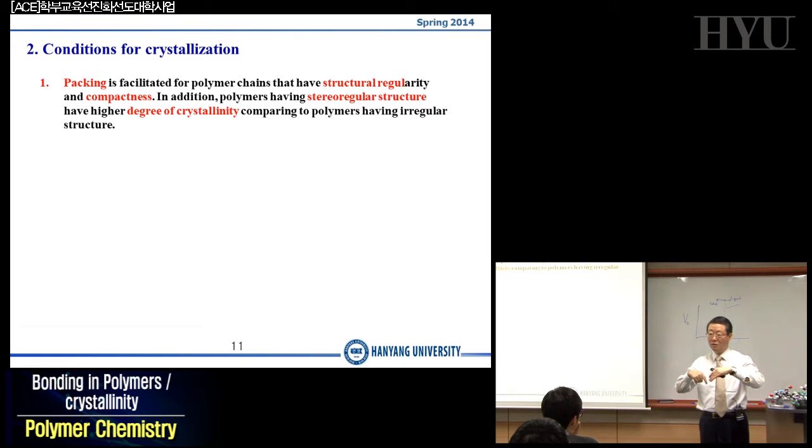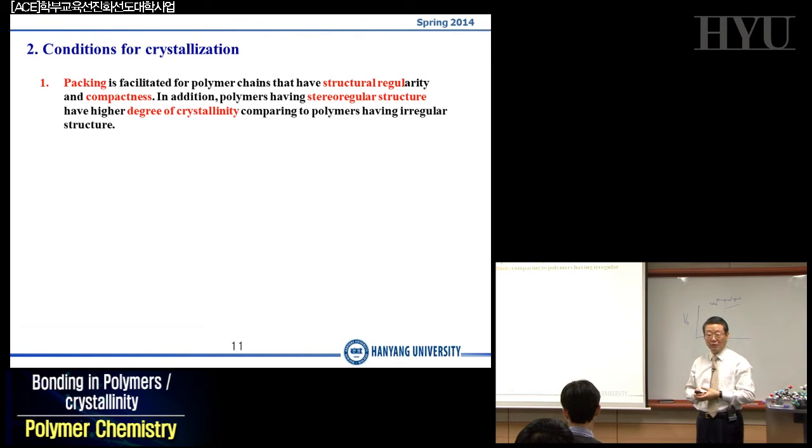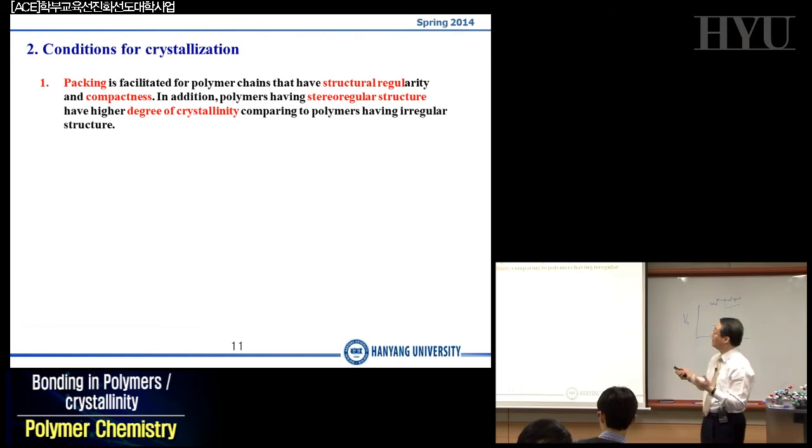So packing, density and compactness are always influenced by the regularity, of course, stereoregularity. And that influences your degree of crystallinity, of course.